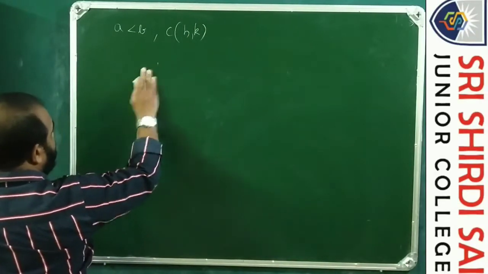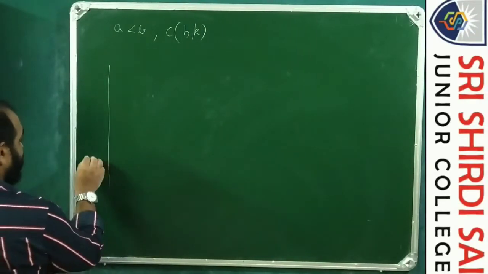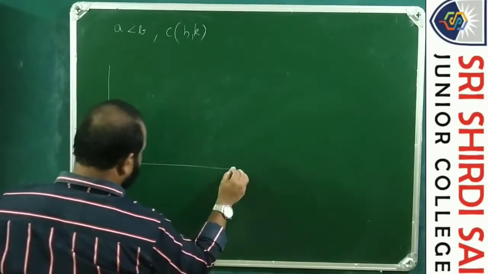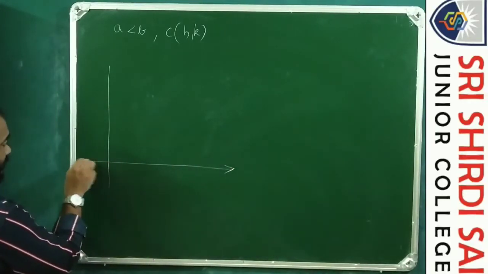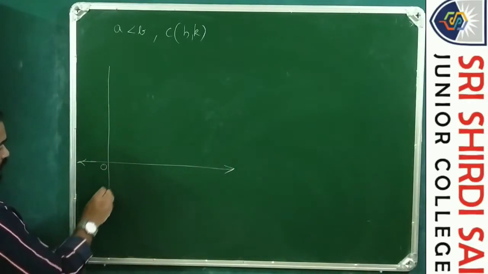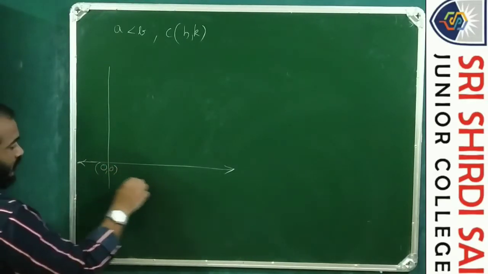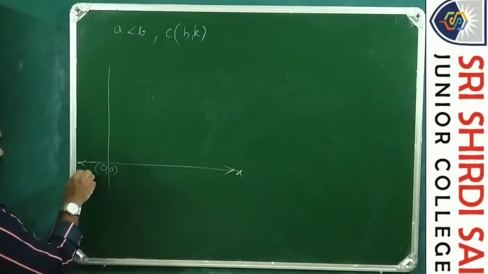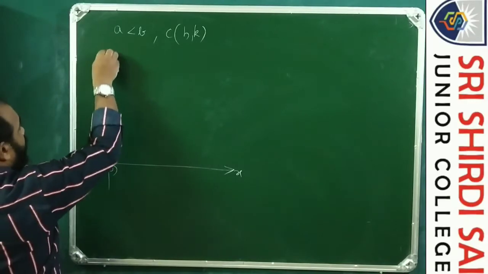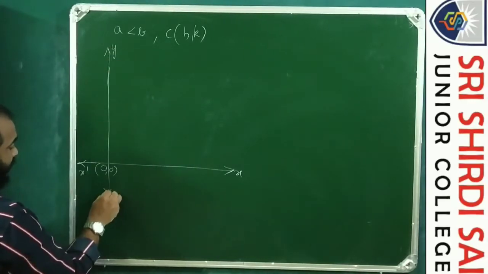Let us suppose this is the coordinate axis, with the origin 0 0, this is x dash and this is y dash.